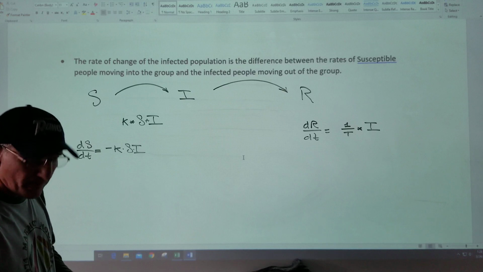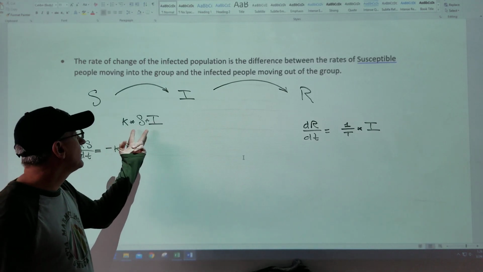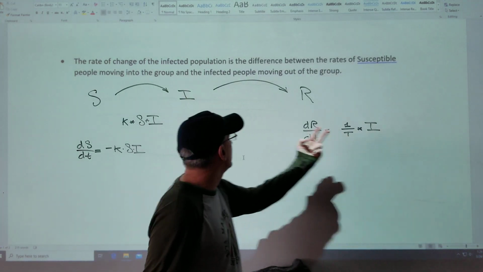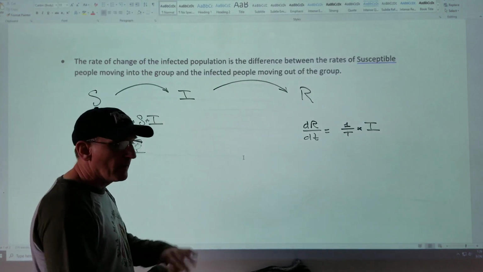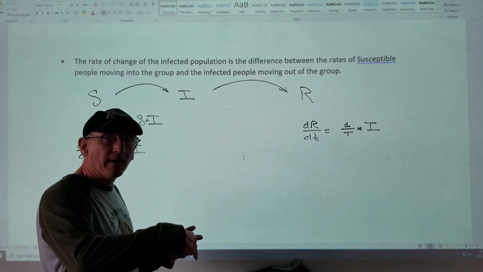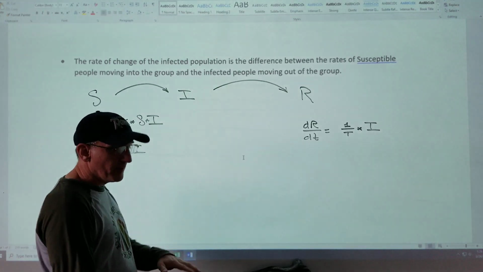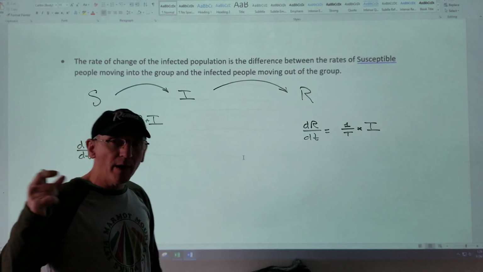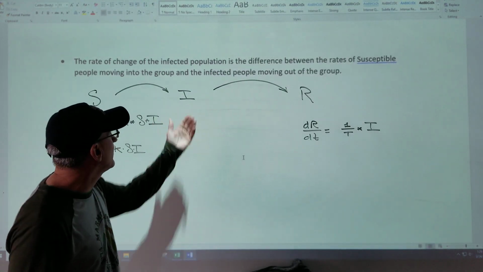Well, what about the infected group? What is its rate of change? This tends to make it grow, and this tends to make the infected group decrease. They're competing. Think of it as you've got a bucket of water, you're filling it from the faucet, but it has a hole in the bottom. Is the water in the bucket getting deeper or not? Well, it just really depends on the comparison between the added water and the leaking water. The same thing is going on with this group.